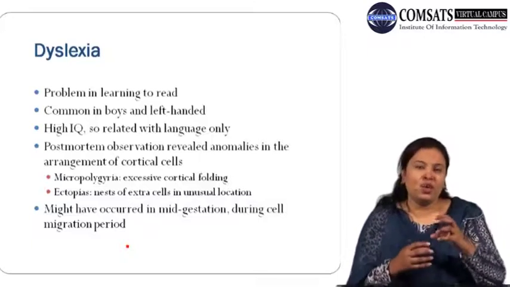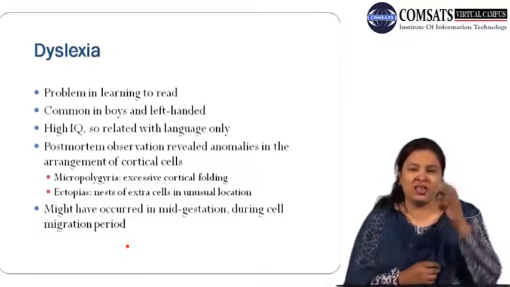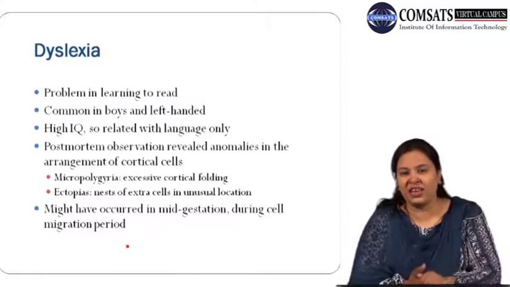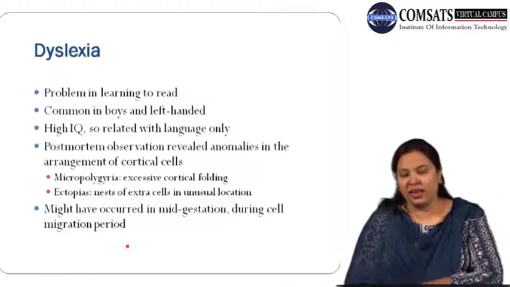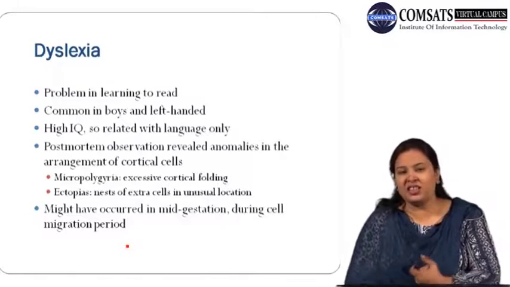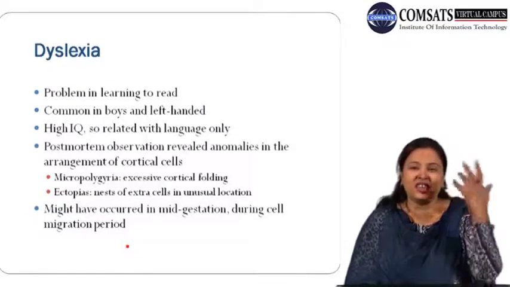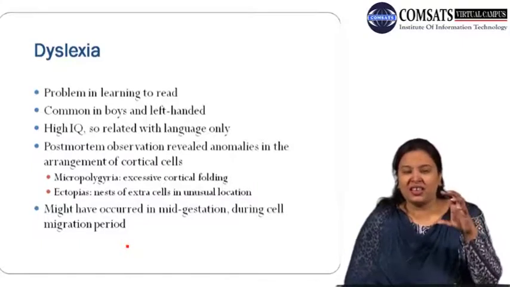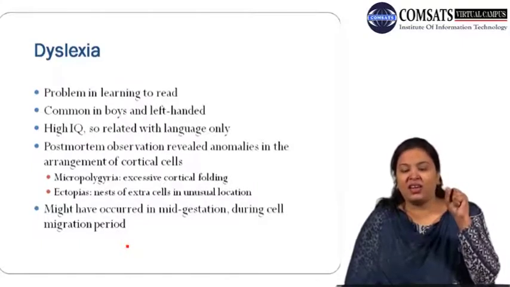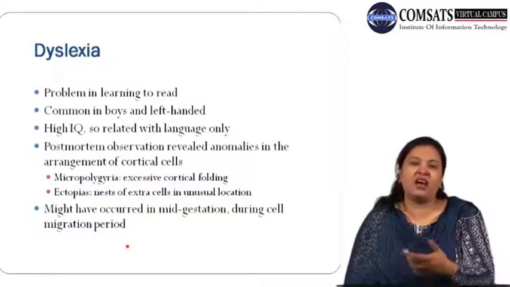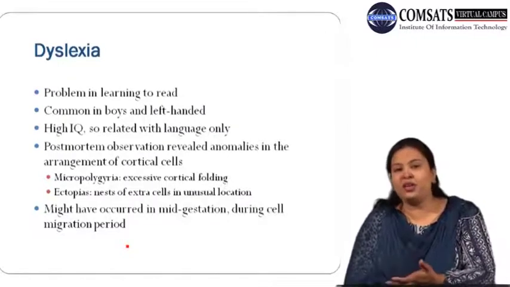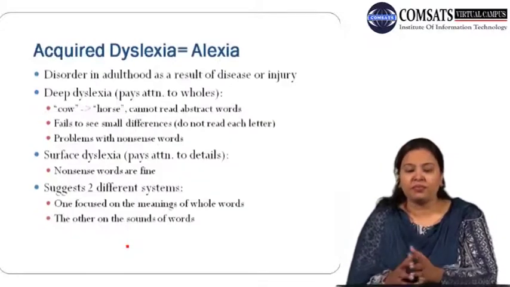So these are the two disorders in the actual brain. They have this problem of dyslexia, and it might have occurred in mid-gestation during the cell migration period. There are certain extra cells, or certain extra cortical foldings, found in their brain, and as a result they have the inability to read properly.